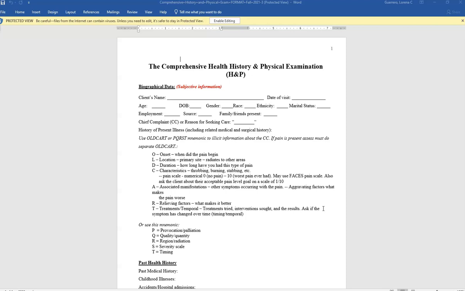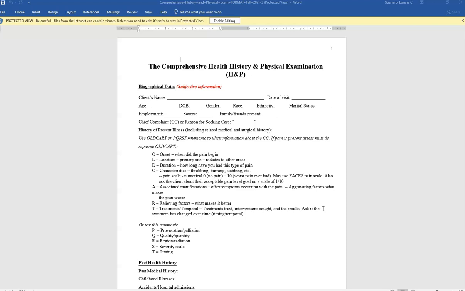What I'm trying to do is not have you know specific information for the exam, but give you a better understanding of the bigger picture of why some of these things show up on an H&P.